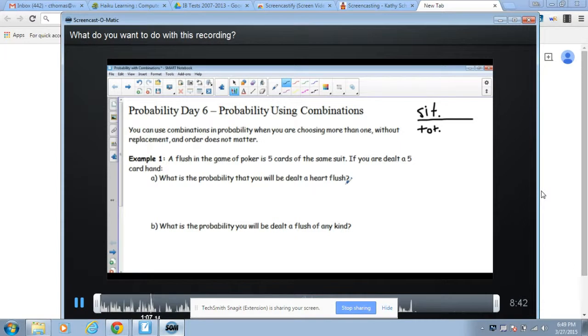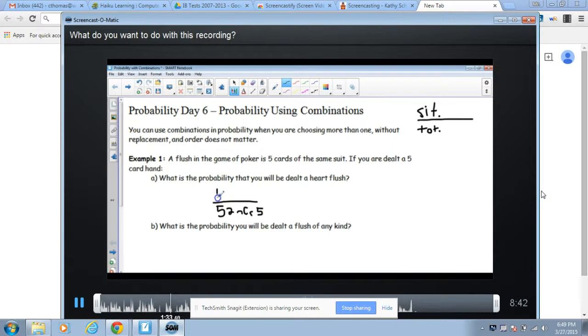So in the denominator, it's going to be the total possibilities for any poker hand. So that's going to be 52 choose 5 cards. And then in the top, we want the possibility of getting a heart flush.